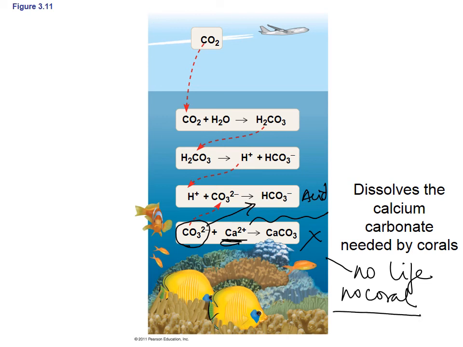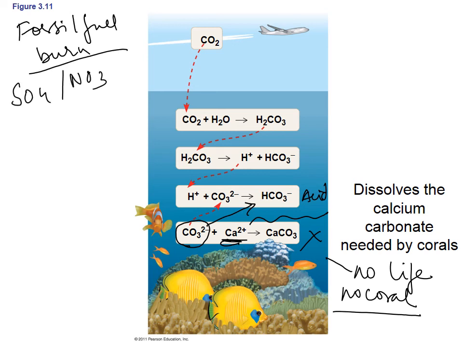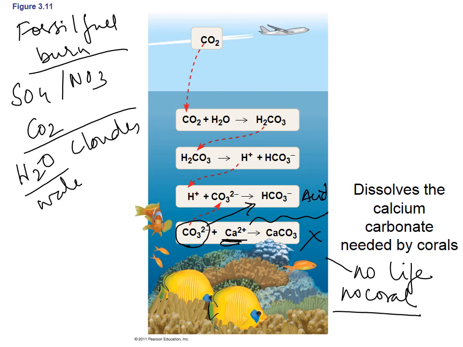Another way in which you understand this is with fossil fuel burn. You have lots of sulfates, nitrates, and carbon dioxide released into the air, which combine with water in the clouds and turn into sulfuric acid and nitric acid.